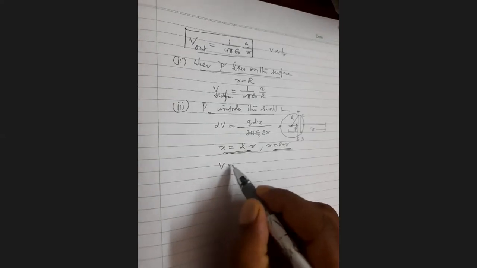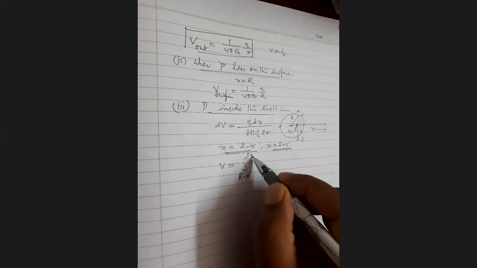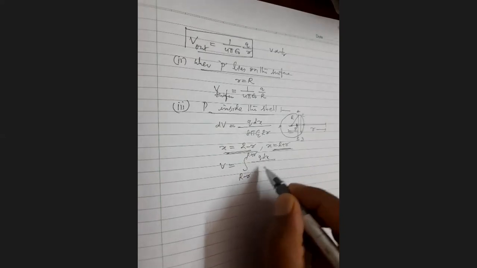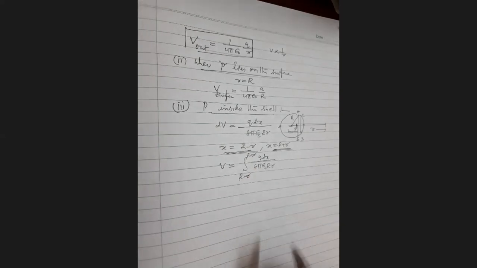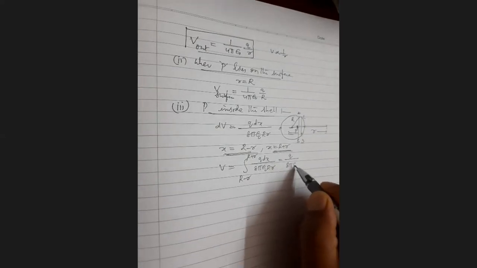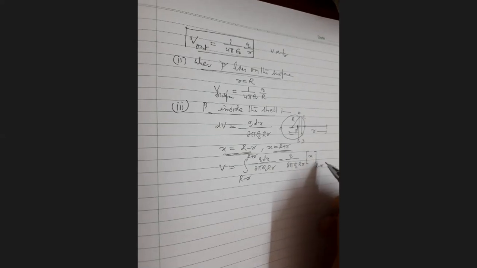Then V is given by the integral from R minus r to R plus r of Q dx by 8 pi epsilon naught capital R small r. That equals Q by 8 pi epsilon naught capital R small r into the integral of dx, that is x, applying the limits R minus r to R plus r.